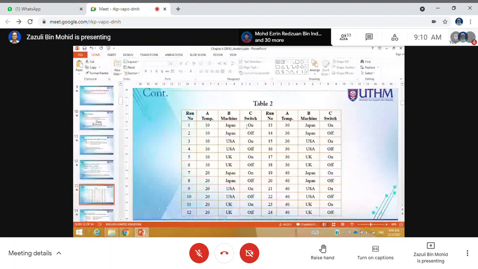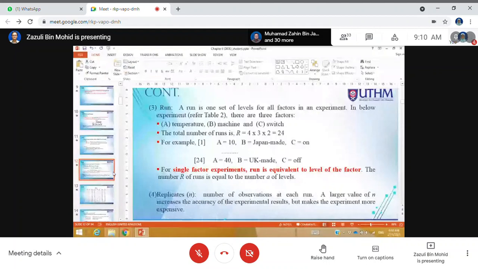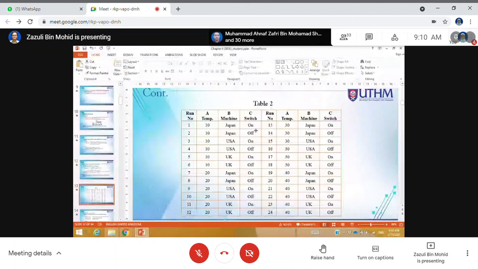This is the first trial of 24 trials. But then how many times are we going to replicate this experiment at this parameter setting? 10, Japan, on. That is what we call N.